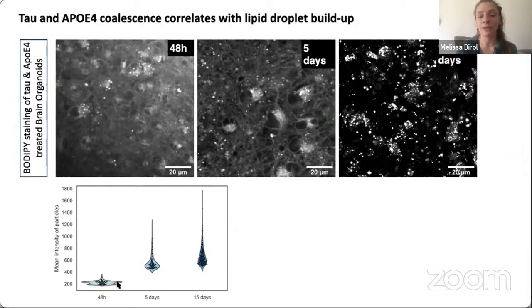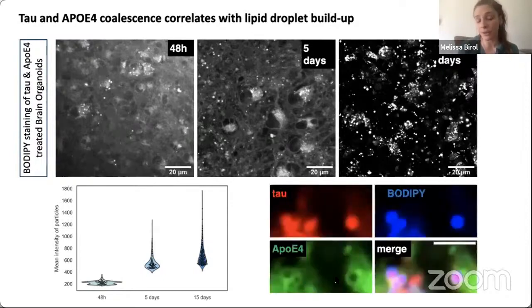We see that the dynamics is changing, and we see the buildup of BODIPY over time. So there's clearly some sort of sequestering of lipids happening. And we're able to image this nicely, where we can see that in these lipid droplets stained with BODIPY, we see tau accumulating and ApoE forming a ring-like structure around it. So this is where we think there is accumulation of these in lipid droplets.